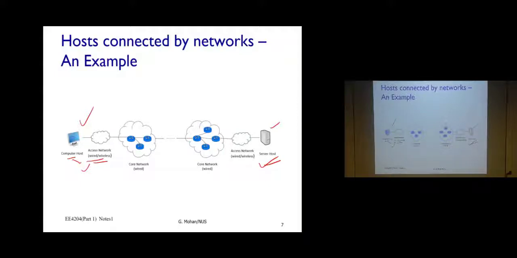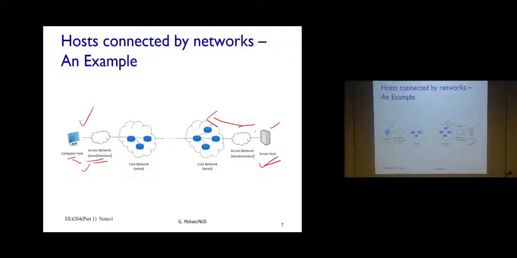Then the data is sent through the access network to the core network, which is basically a wired network. This is a network of routers and switches. So maybe you can imagine after your wireless connectivity, at the backside there is a network of routers or switches.